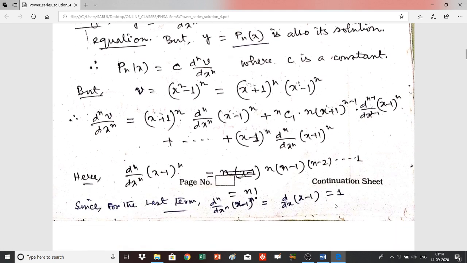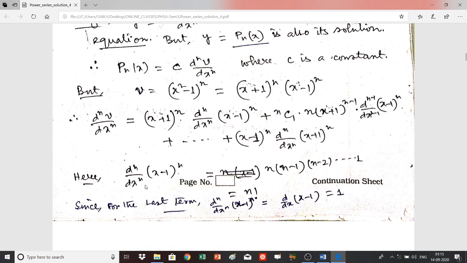So here you see that in the term d^n by dx^n of (x minus 1)^n, you have to perform the differentiation of (x minus 1)^n for n times. For the first differentiation, you will have n into (x minus 1)^(n minus 1), and the remaining differentiation is d^(n minus 1) by dx^(n minus 1).